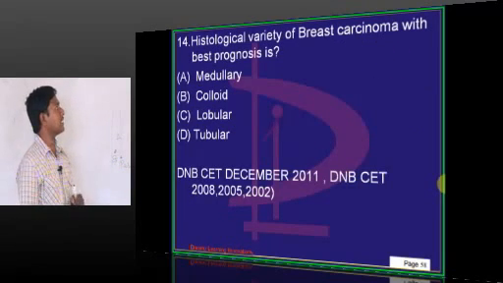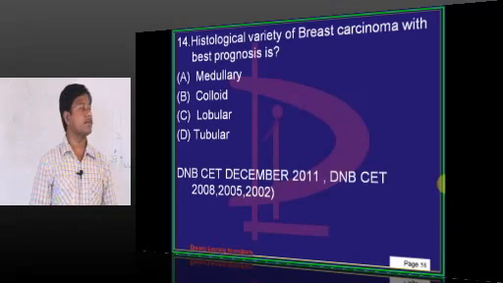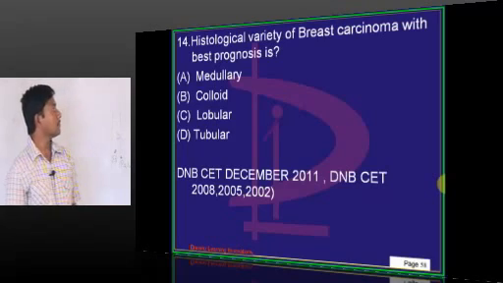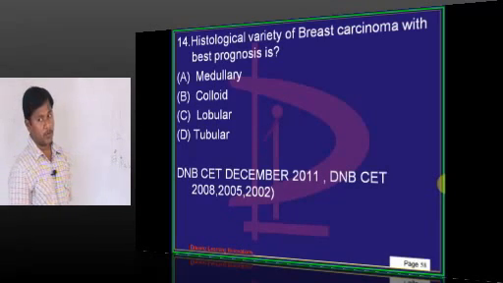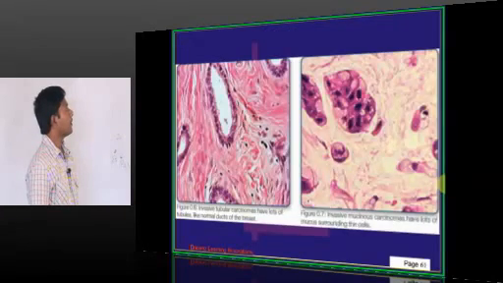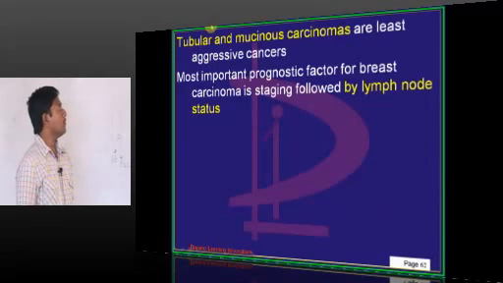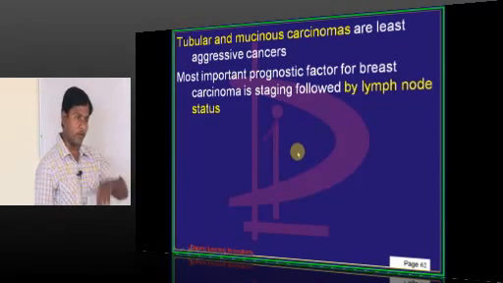Histological variant of breast carcinoma with best prognosis. So tubular and mucinous carcinomas are the least aggressive carcinomas, followed by colloid.